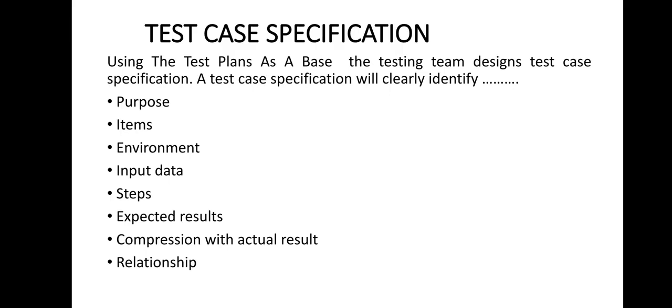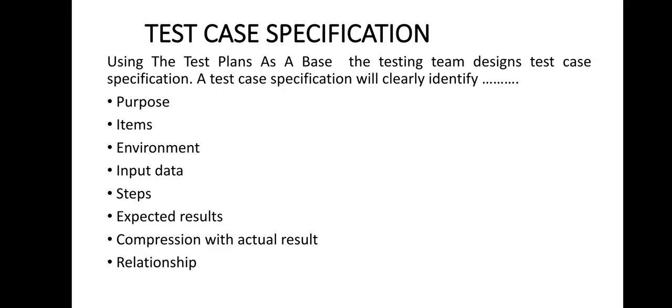When we get the actual results, we have to compare them with the expected results, and if there are differences, we have to work accordingly. Finally, we have to set a relationship between the test and other tests. This can be in the form of dependencies among the tests or the possibility of reuse across the tests. So this is about test case specification.